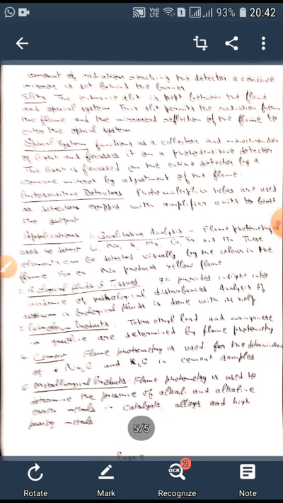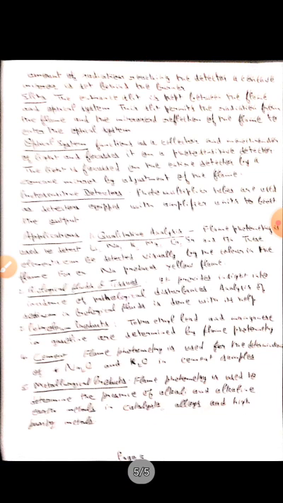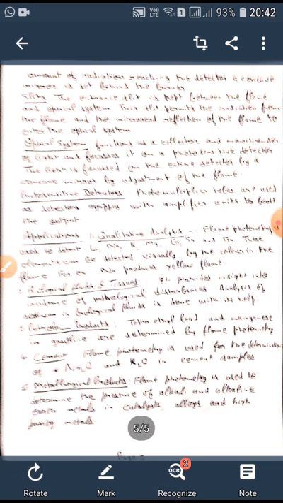Next requirement is slits. The entrance slit, that is the point where the radiation enters, is kept between the flame and the optical system. This slit permits the radiation from the flame and the mirrored reflection of the flame to enter the optical system. Another important requirement is the optical system.